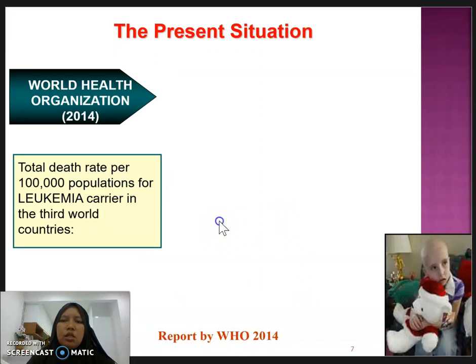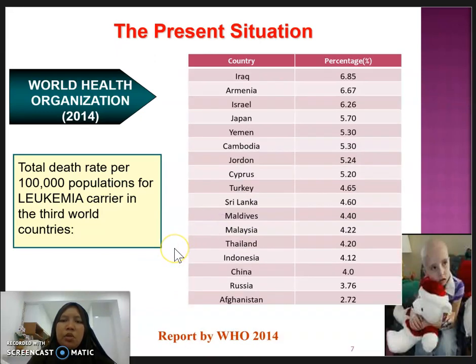Based on the WHO 2014 report, Malaysia itself is ranked number 12, compared to the nearest countries such as Thailand and Indonesia, which are below us at 4.2 and 4.12 compared to our 4.22.